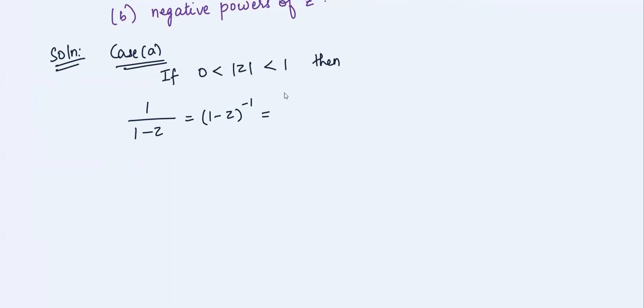The binomial expansion for this is 1 plus z plus z square plus z cube plus z power 4, and so on.